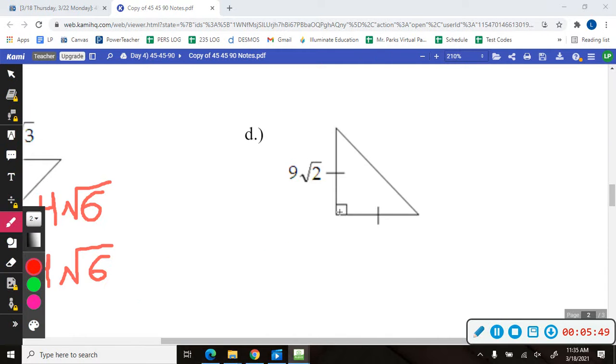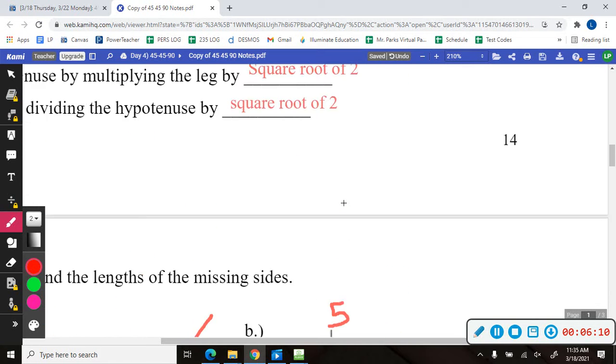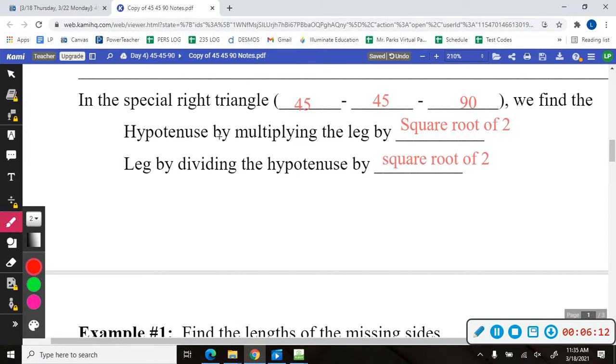45, 45, 90. This leg's 9 square root of 2. They tell us with the markings that this is also 9 square root of 2. I'll label it. So to find the hypotenuse, you take the leg times square root of 2. We have that in our notes up here. To find the hypotenuse, you multiply the leg by square root of 2.